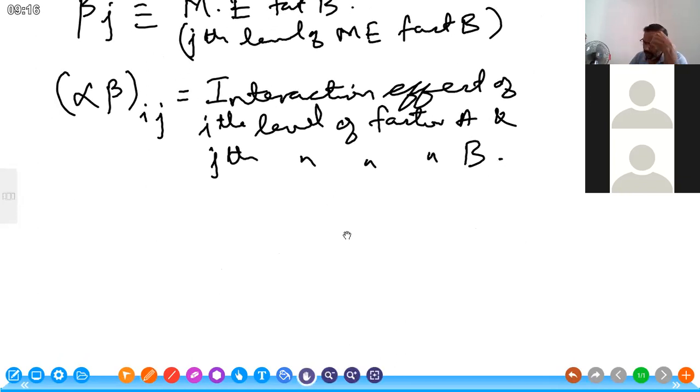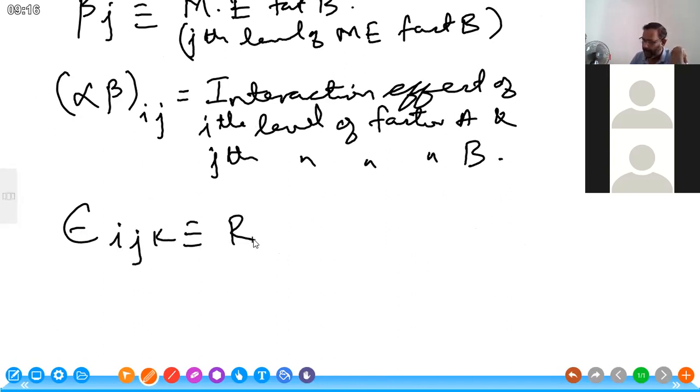The last one, EIJK, it is the random effect. Random effect, or we call it random error. That is also right.